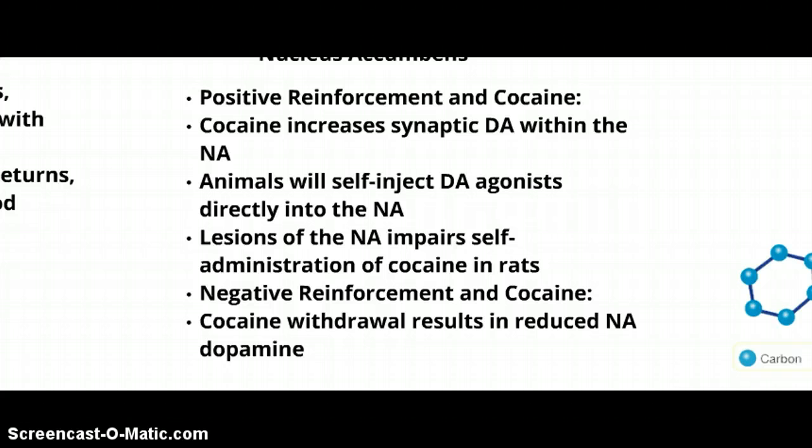So think about negative reinforcement with Skinner. The best example of that is being in your car and the seatbelt thing goes off. So it's like ding, ding, ding, ding, ding. That's an annoying negative stimulus. To get that to go away, you put your seatbelt on, just like being in withdrawal is a negative, annoying stimulus.